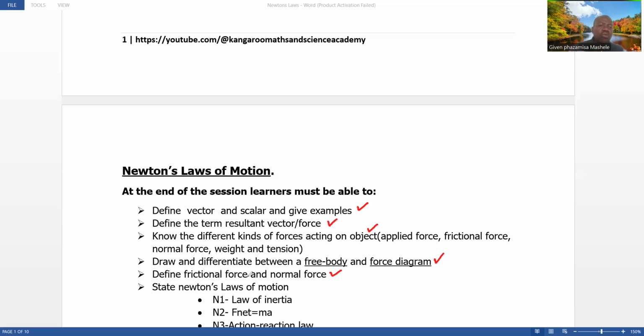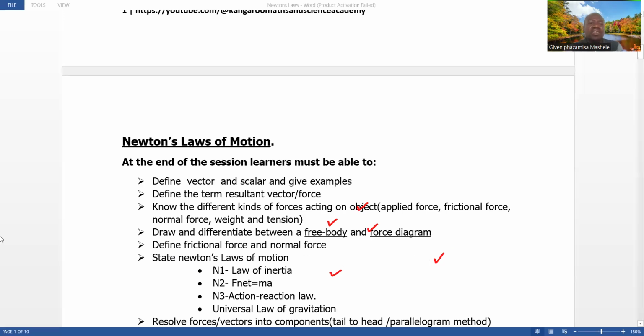And also we must be able to state Newton's laws of motion. We'll talk about Newton's first law of motion, Newton's second law of motion, and also Newton's third law of motion. And lastly, we're going to talk about the universal law of gravitation.